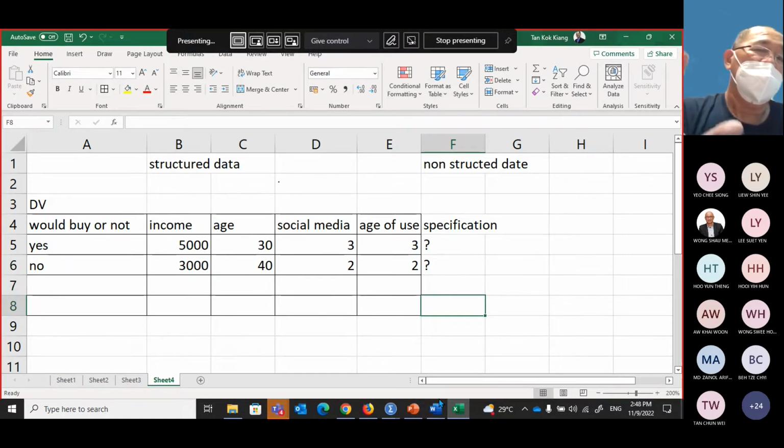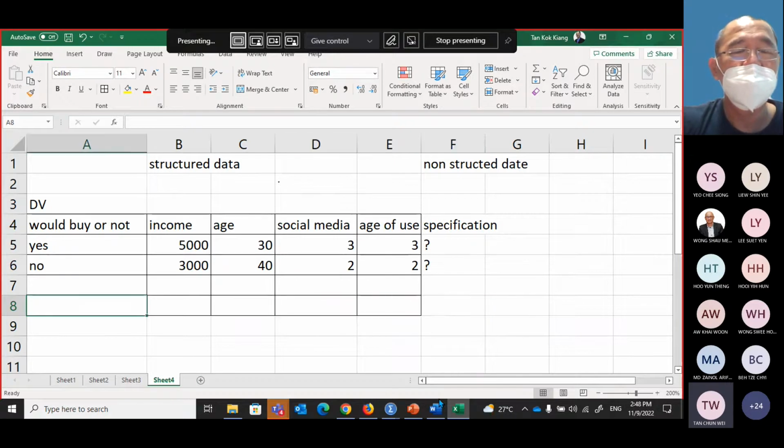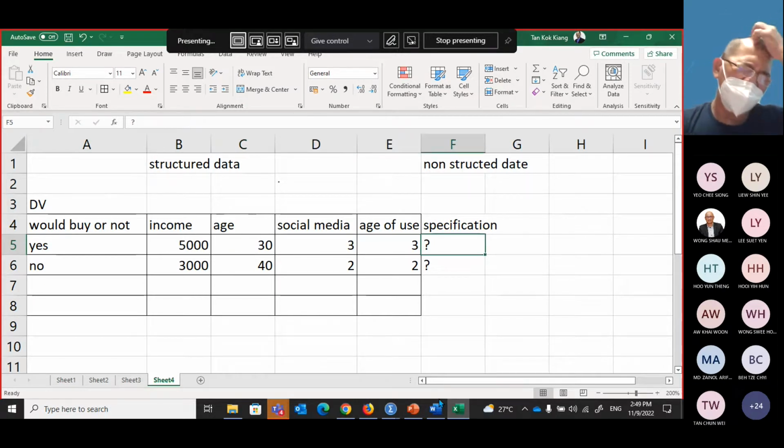So the data that you are going to use must be structured. Is it possible, like in MLR, to put category information by using dummies here? This is multiple discriminant analysis. What are you going to put here?